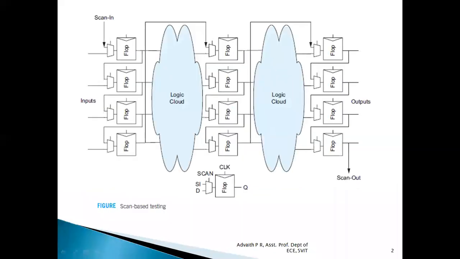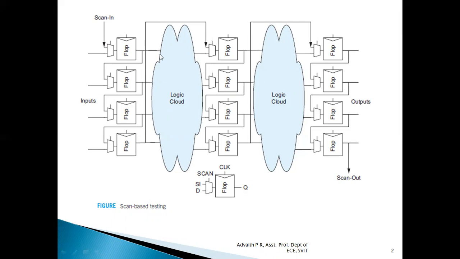The scan design strategy for testing has evolved to provide observability and controllability at each register level. These flip-flops are nothing but registers. In designs with scan, the registers operate in one of two modes: normal mode and scan mode.